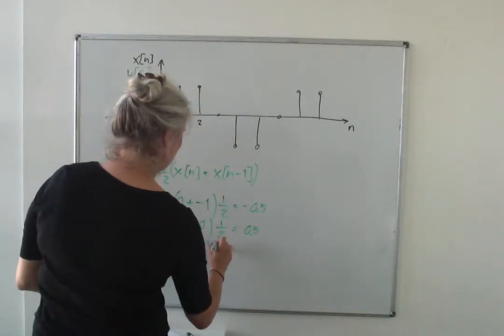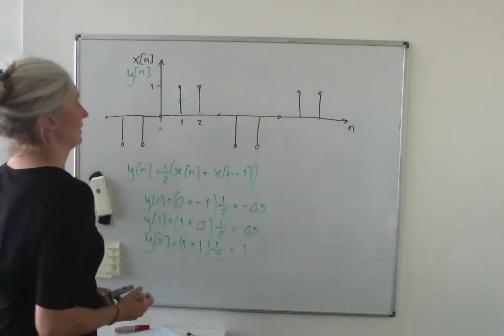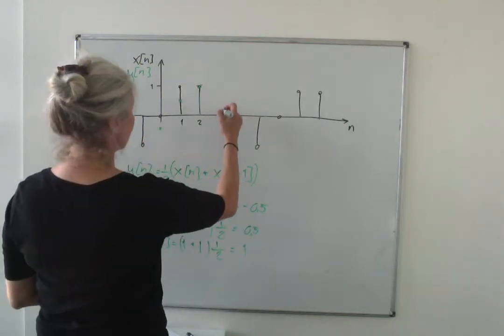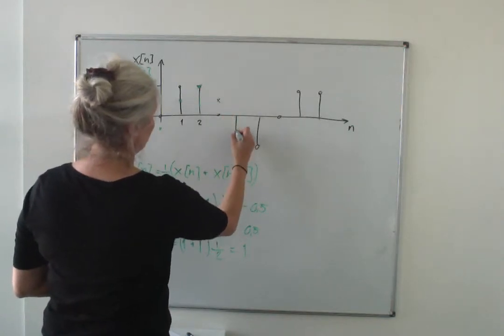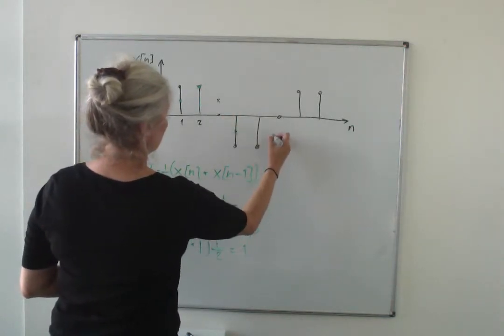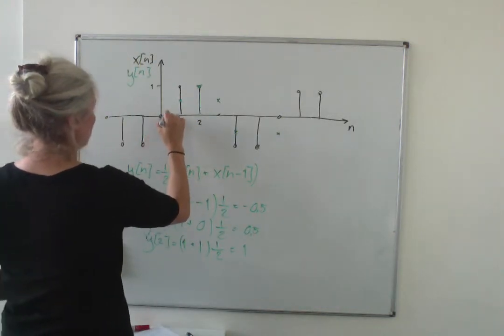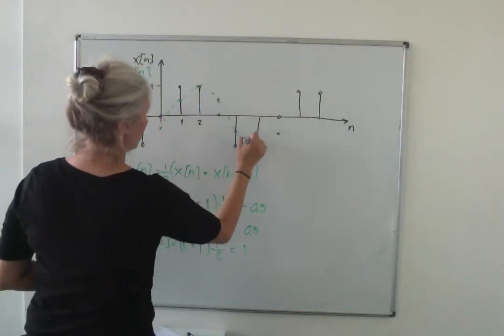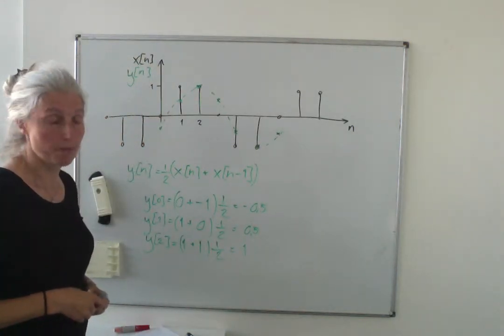It is 2 divided by 2, so 1. So this stays the same. And we can continue like this. Something like that is going to be found.